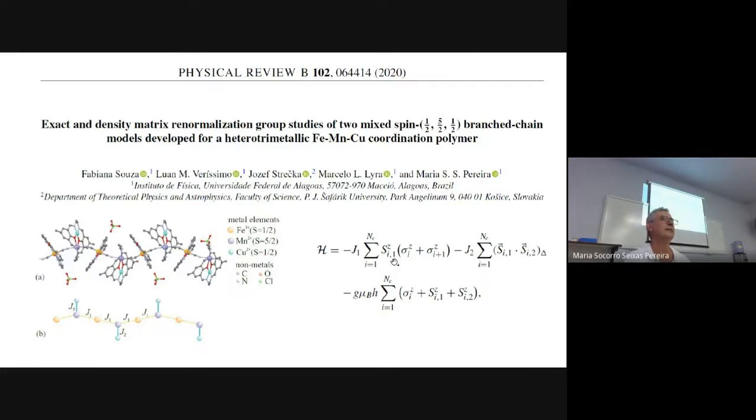In this case, the full thermodynamics of this model can be analytically obtained using a quite standard transfer matrix approach. The other case was to consider this J1 coupling along the chain as an isotropic Heisenberg coupling. In this case, we could do some DMRG calculations to obtain the ground state phase diagram and to look at the quantum phase transitions.